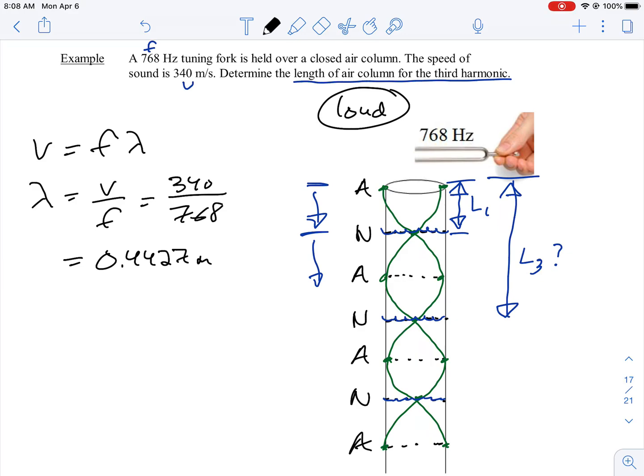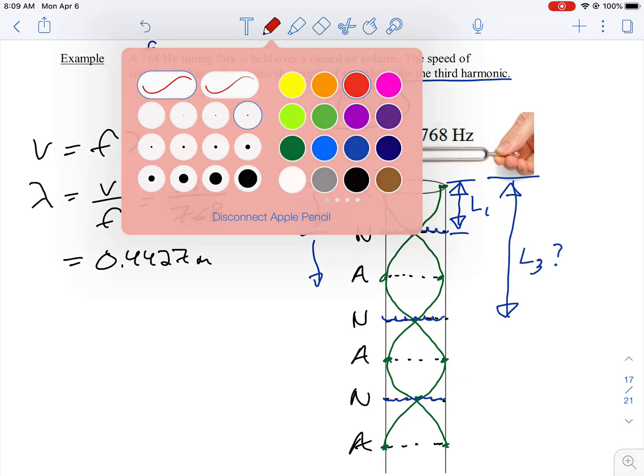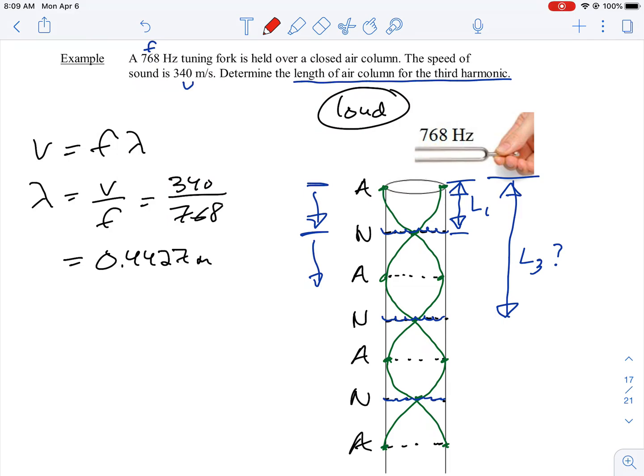Now we're looking for the length for the third harmonic. And just a reminder, you guys, what's the distance from antinode to node? If you remember, that's 0.25 λ, between node and antinode. That's why we have to use the 0.25 formula.